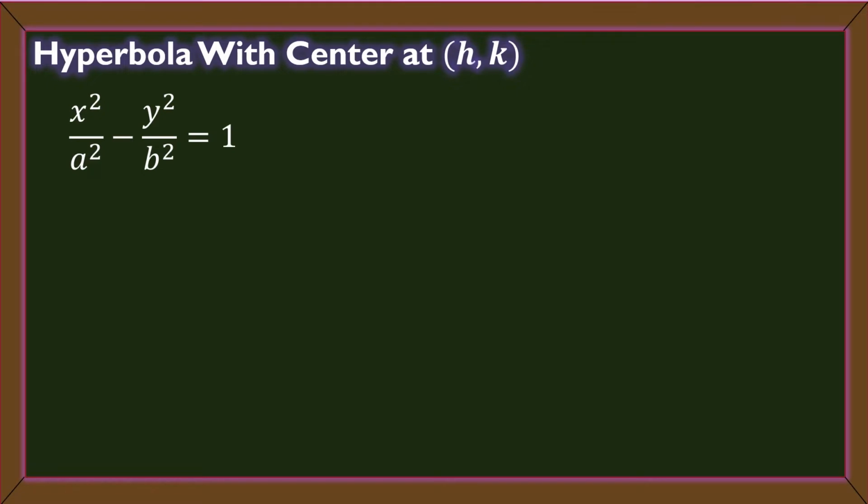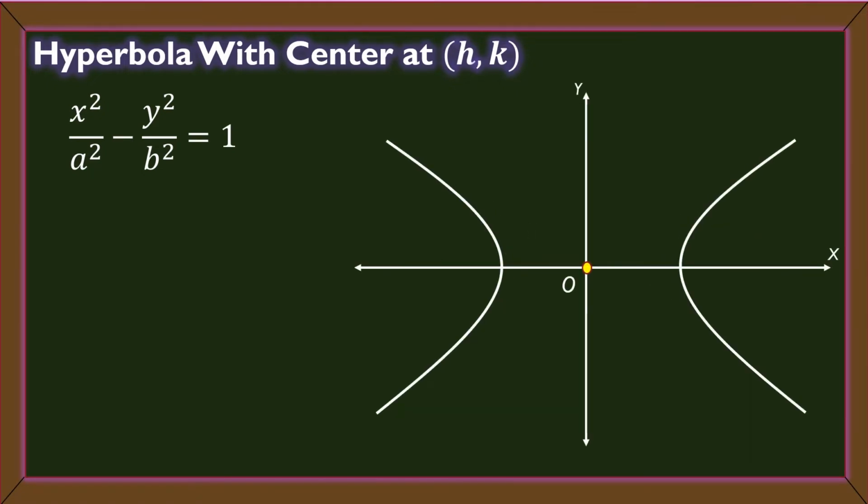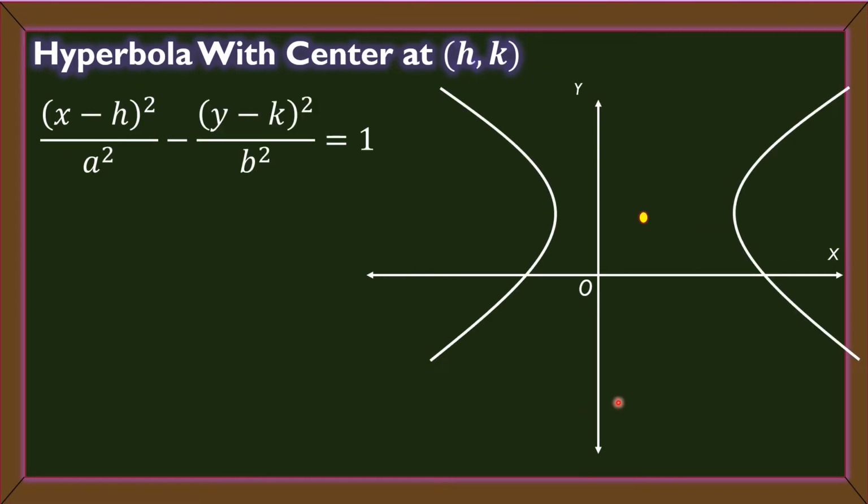If a hyperbola with center at the origin and transverse axis along a coordinate axis is shifted h units horizontally and k units vertically, the result is a hyperbola with center (h, k).